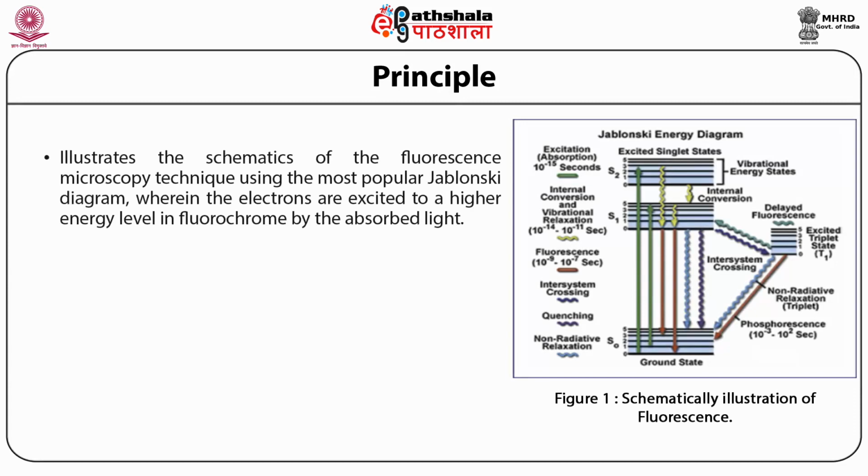Figure 1 illustrates the schematic of the fluorescence microscopy technique using the popular Jablonski diagram, wherein the electrons in the fluorochrome are excited to a higher energy level by the absorbed light.